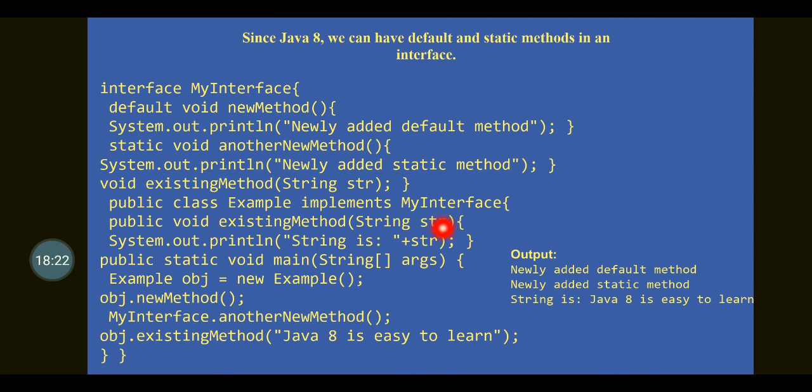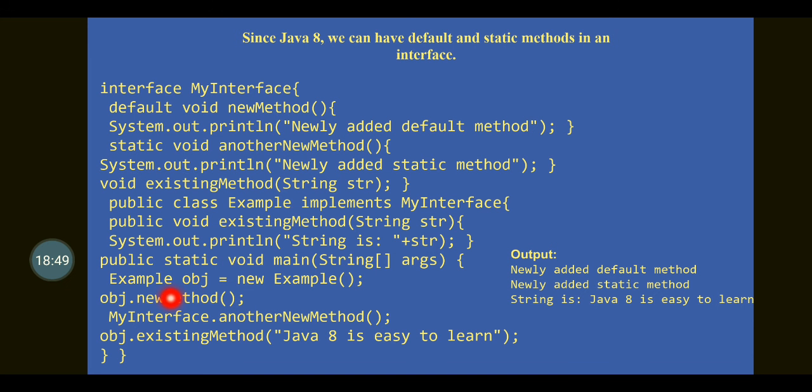Some string is str. Within the main method we are going to declare and instantiate the object for the class Example, and we can call object.newMethodOf. Now the default method will be called, and the newly added default method will print. You can also call the static method.